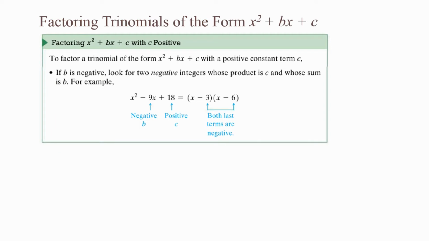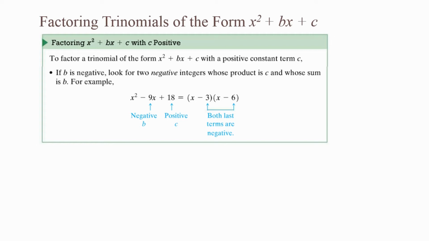Factoring trinomials of the form x squared plus bx plus c with positive c. To factor a trinomial in the form x squared plus bx plus c with a positive constant term c, if b is negative, look for two negative integers whose product is c and whose sum is b. For example, x squared minus 9x plus 18.